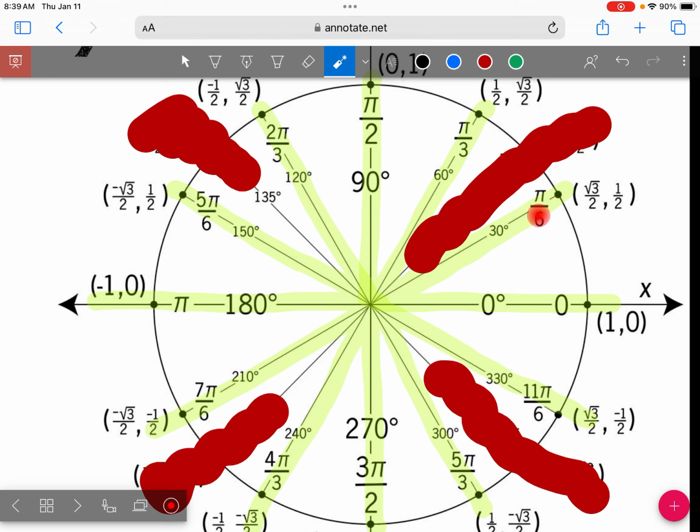So I'm going to go through it again. This is 1/6. You might want to write that you're counting by 1/6, but you're reducing your fractions as you go around. If it can be reduced, you have to reduce it.